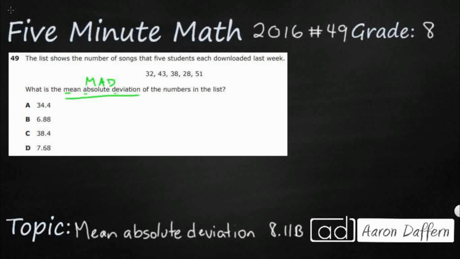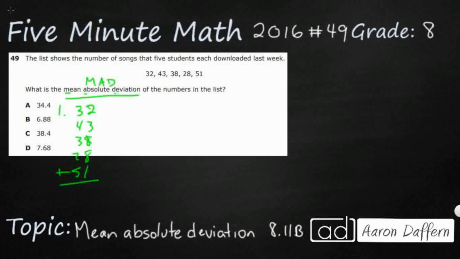So how do we do that? Well, first, we need to figure out what the mean is. So step one, we're going to find our mean. 32, 43, 38, 28, 51. Let's add them together.